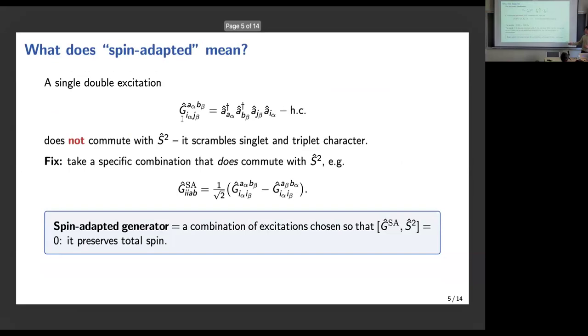The problem with that is that the double excitation operator does not commute with the total spin. To fix that, one thing that you would do is take a specific linear combination of these standard generators such that the spin-adapted generator that you produce commutes with the total spin.